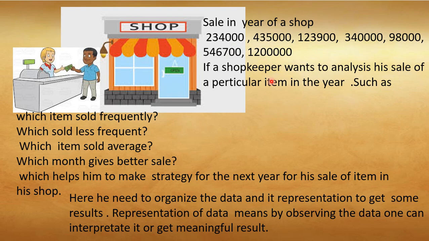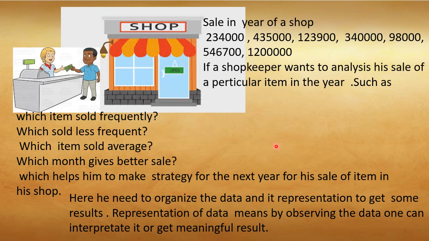And also he represents this data to get some result. Here the representation of data means by observing this data he can get a meaningful result, that is, which item he has to buy for his shop or which item he has not to buy. So he will get these answers, and according to that he can manage his shop very well.